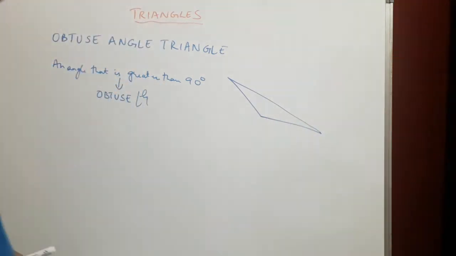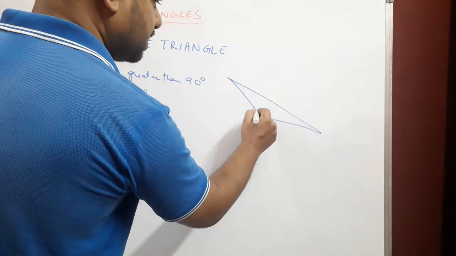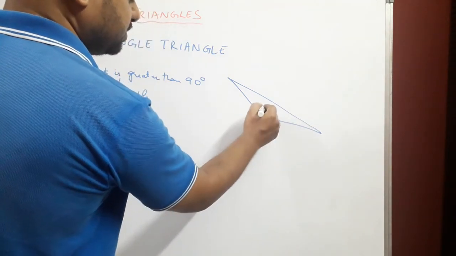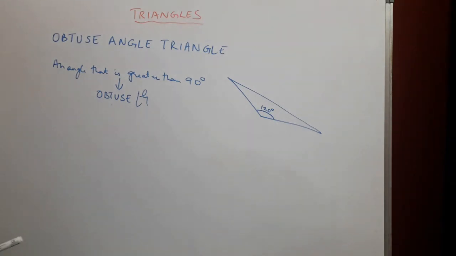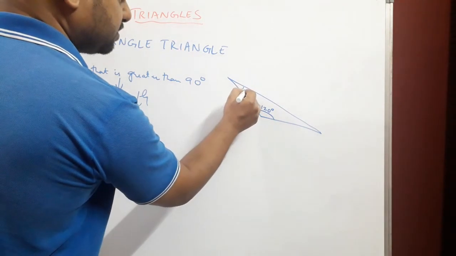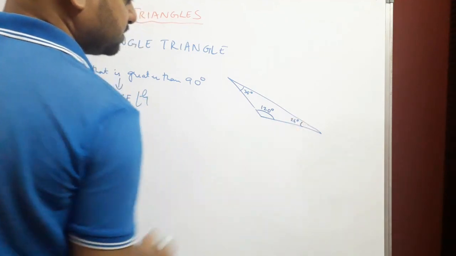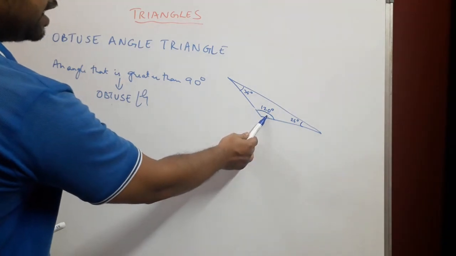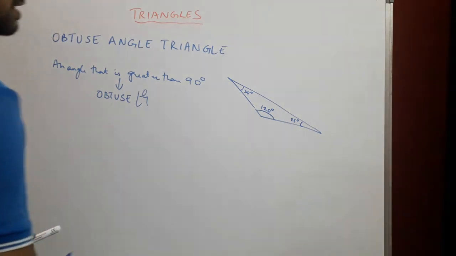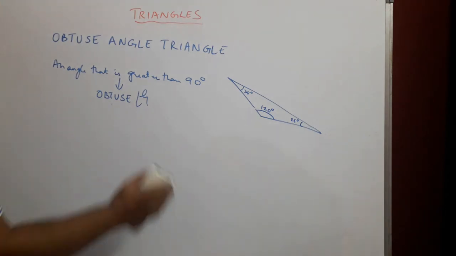Now in an obtuse angle triangle, only one angle will be greater than 90 degrees. So let's say this is 120 degrees. That means this could be something like 35 degrees and this could be 25 degrees. So have a look over here, only one angle is greater than 90 degrees, the other two are less than 90. So the other two are acute angles.